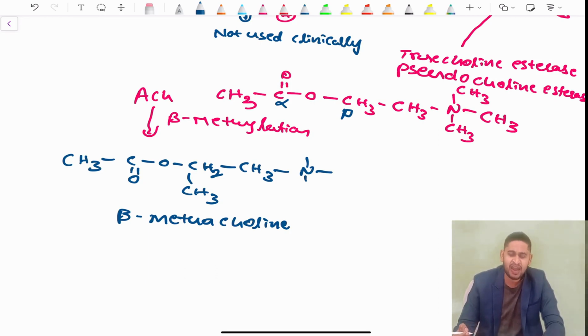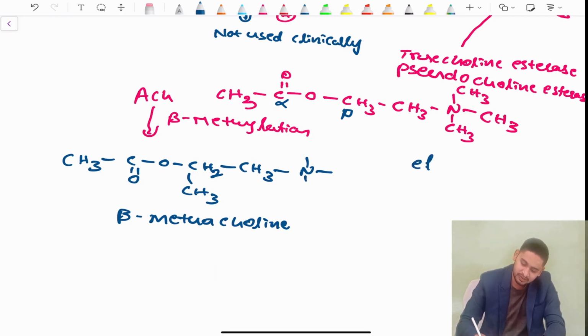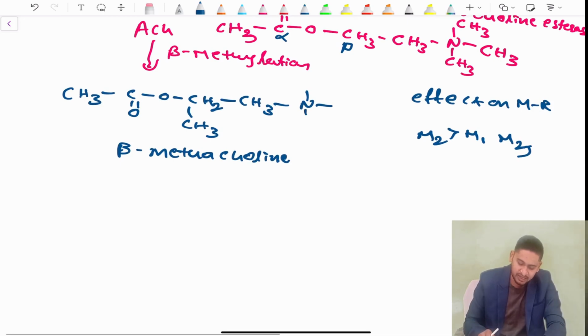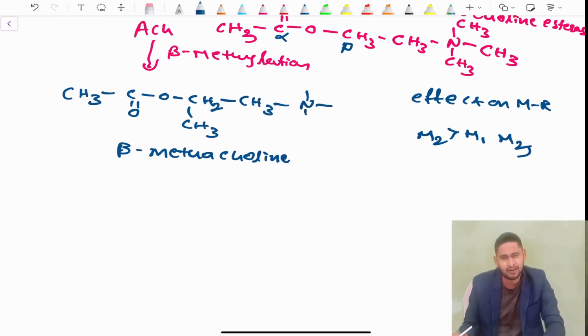Now see the effect on the muscarinic receptor. Due to the presence of the beta methylation, it has more affinity towards the M2 receptors rather than M1 and M3 receptors, and it is somewhat resistant towards the plasma esterases.